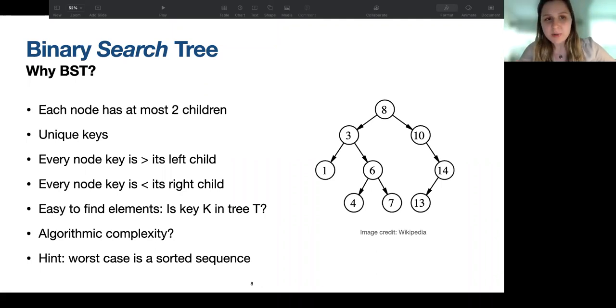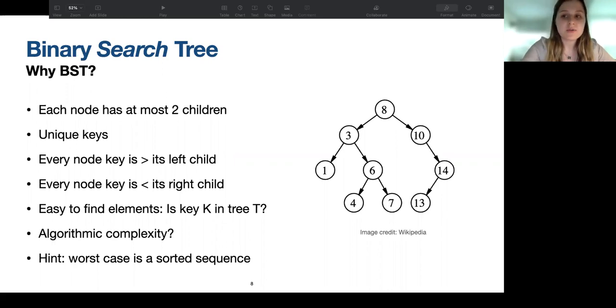A nice property of the binary search tree, as we just covered, is that everything to the left side of the root is smaller than the root, which is 8 in this case, and everything to the right side of the root is greater than 8. So we can argue that if 7 is in our tree, then it should definitely be to the left side of 8. So it can only be in the left subtree of the root. It would be enough to take the left subtree and check whether 7 is in there or not.